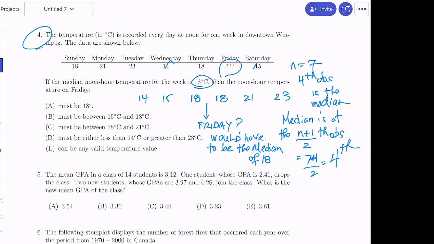However, what's the other alternative? Could Friday be here? Or could Friday be here? So first one. Could Friday be here? Like somewhere in between?